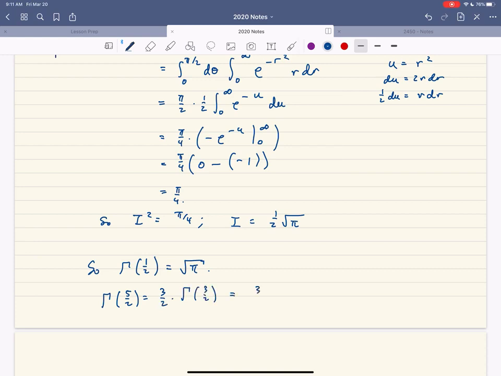Gamma of 3/2 is 1/2 gamma of 1/2. So altogether, that would be 3/4 square root of pi. That tells you how to find gamma for all the integers plus 1/2. All right, so that's the gamma function that'll be necessary for what we're going to do next.